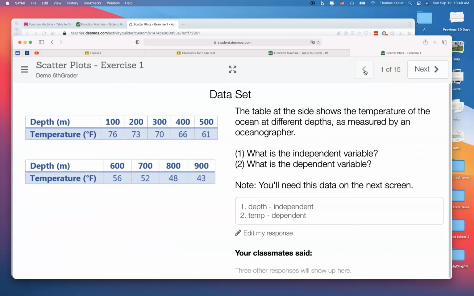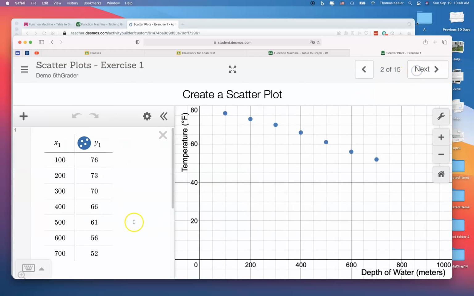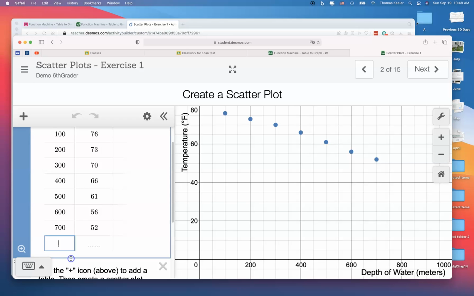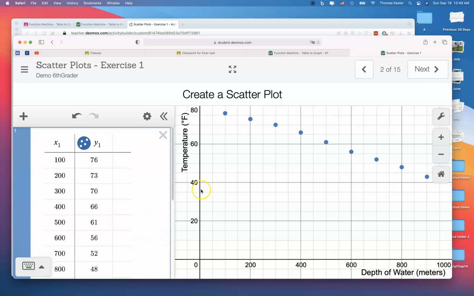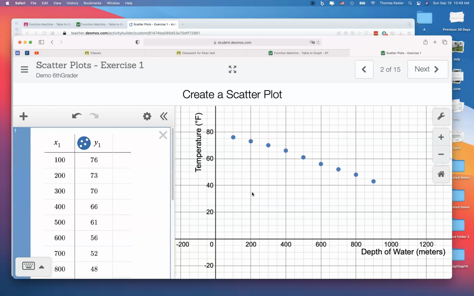So I do 848 and 943. Okay, so there I've got my table, and now we can zoom in.